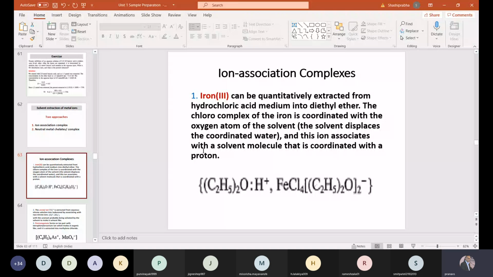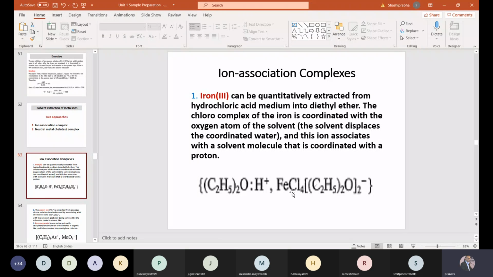Fortunately, because it is HCl, it forms a chloro complex of the iron, which is coordinated with the oxygen atom of the solvent, diethyl ether. Now, if you can see here, this is diethyl ether, two ethyl groups with an ether oxygen.